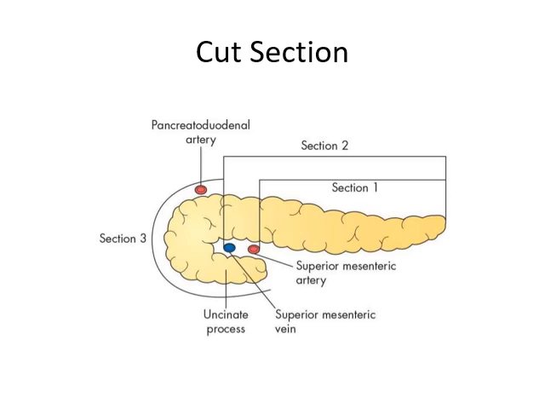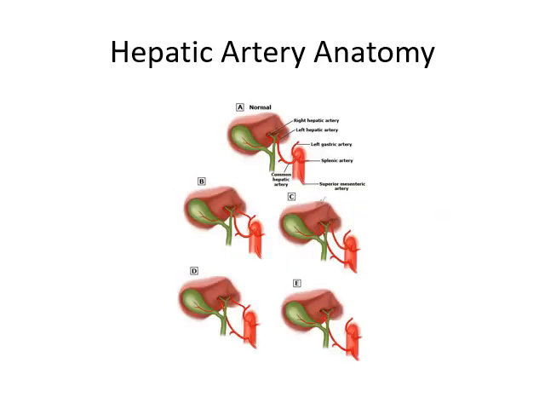This picture shows a cut section of the pancreas, which shows arteries and vessels related to the head of the pancreas, the pancreaticoduodenal artery, and the superior mesenteric artery and vein, which are in close contact with the pancreas between the neck of the pancreas and the uncinate process.